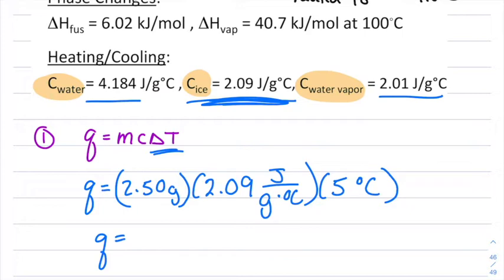Go ahead and take a moment and calculate out your Q. Once you get a Q value, feel free to put that into the chat box. All right, I'm seeing some 26.1.